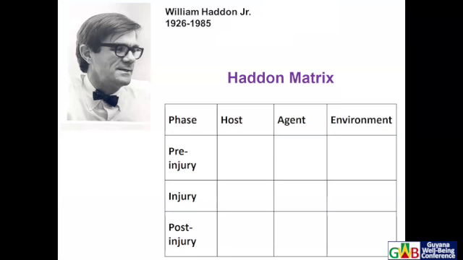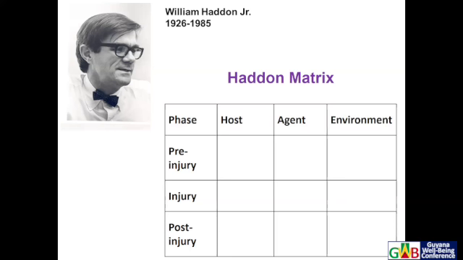So in the past 4 decades, injury prevention has been really guided by the so-called Haddon matrix. Haddon matrix is named after the work of Dr. Bill Haddon. Dr. Bill Haddon was a public health physician who used to work at the New York State Health Department.